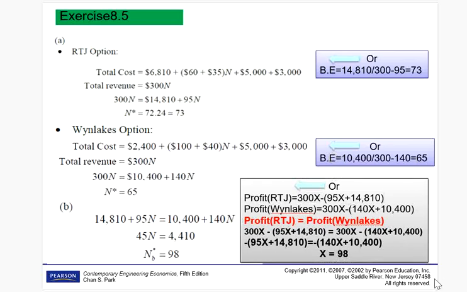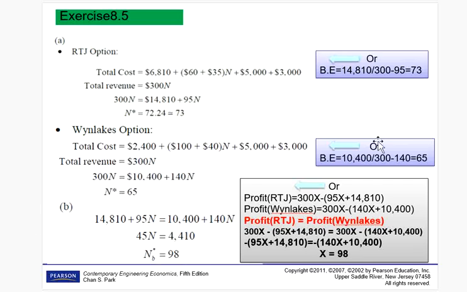So if you sell 98, then you get the same profit whether you use this venue or this venue. So basically the question was, at which number of tickets sold will both venues have the same profit. So if you sell 98 tickets, you will have the same profit.